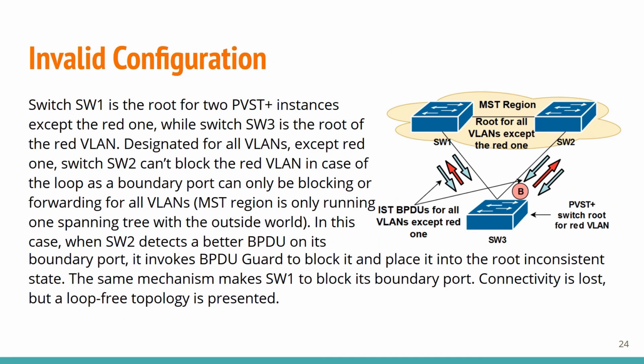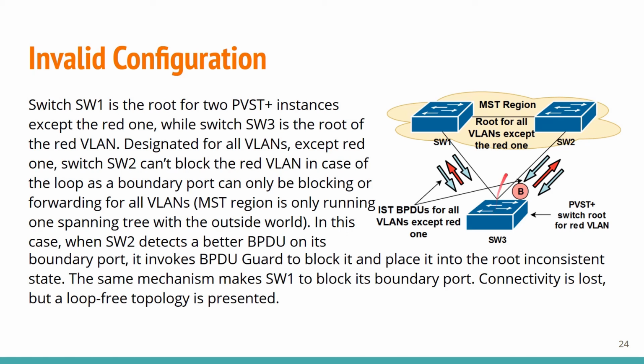Invalid configuration. Switch SW1 is the root for 2 PVST Plus instances except the red one, while switch SW3 is the root of the red VLAN. So we can see 2 IST BPDUs coming from the SW1 switch, which is the root for them, and we can see a red BPDU for the red VLAN coming from SW3, which is the root for the red VLAN. And the uplink on the SW3 switch to the SW2 switch is in blocking state for all VLANs except the red one, because SW3 is the root for the red VLAN.